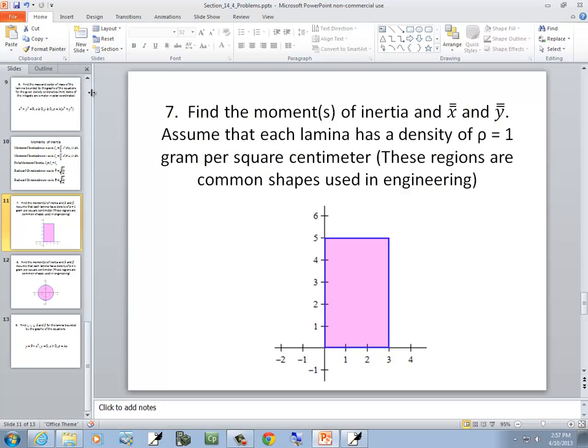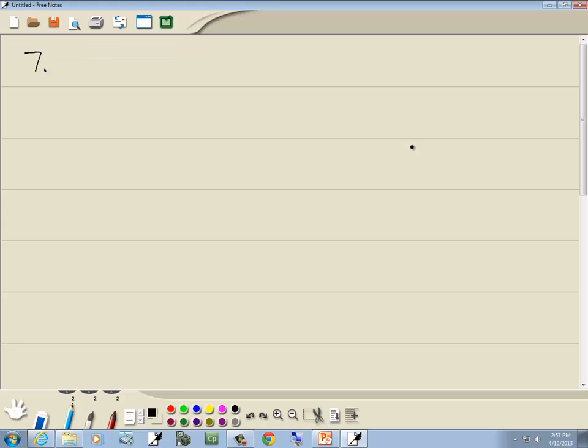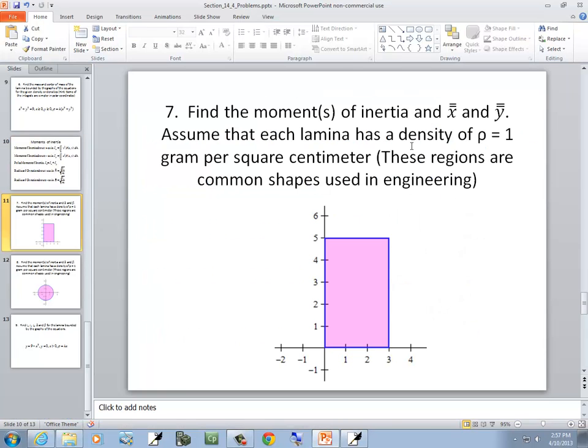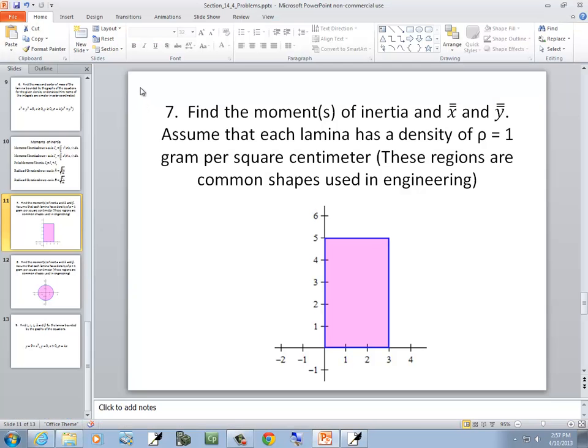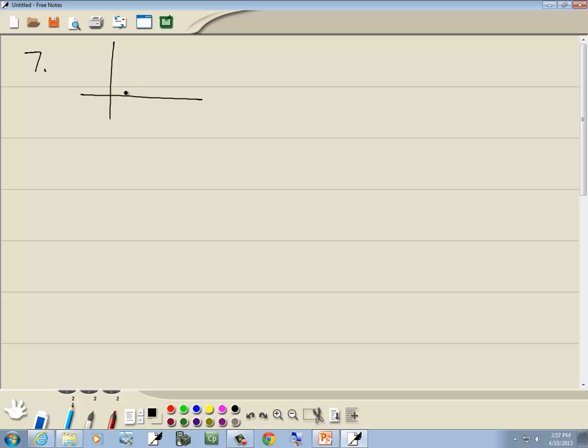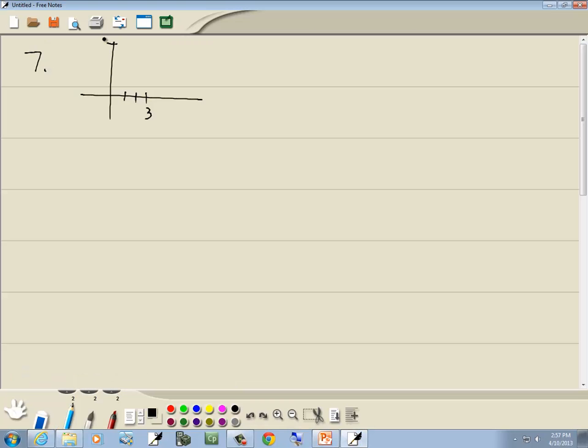Okay, so find the moments of inertia, and let's find these first. So we need our picture to find the region of integration, and that's a rectangle, so it's a pretty straightforward one. Our region of integration is based upon x equals 0 to 3, and y goes to 5.